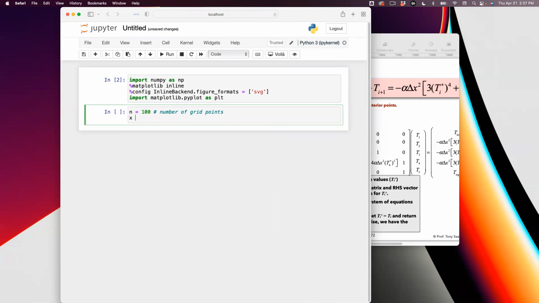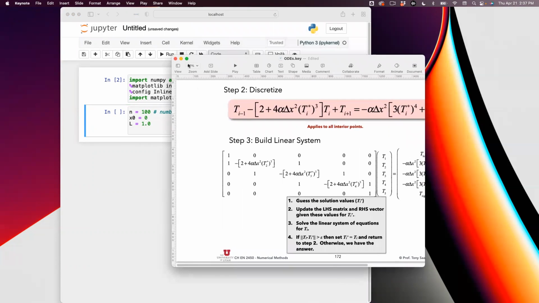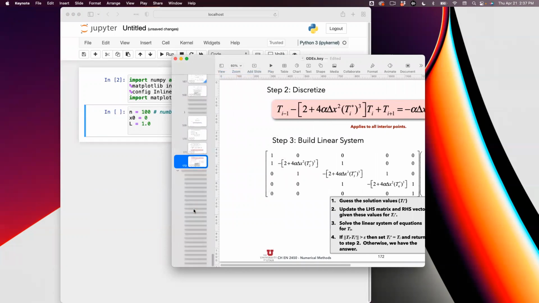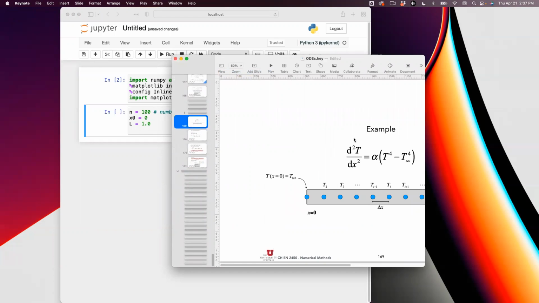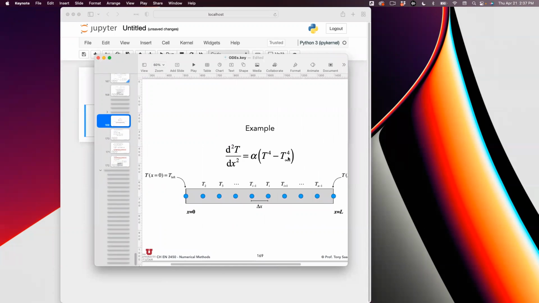Our x0 is 0 and L is 1. These are the extents of the rod, the domain. For this problem, we are solving d2T by dx squared equals alpha times T to the 4 minus T infinity to the 4.